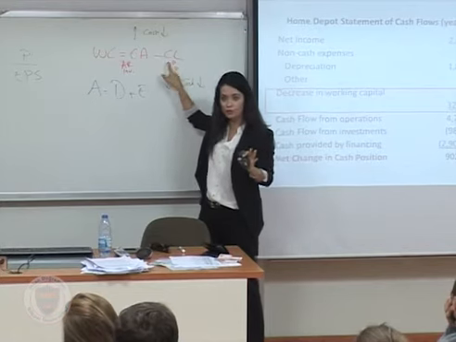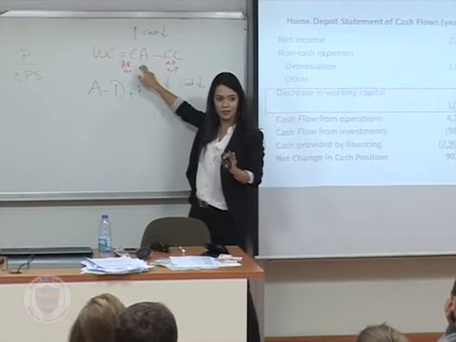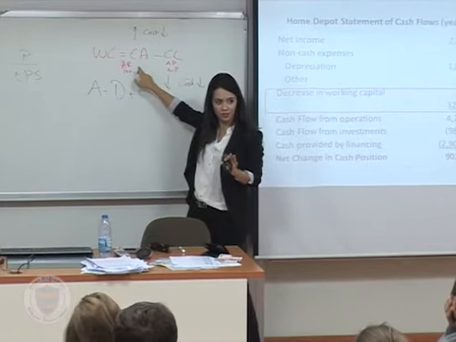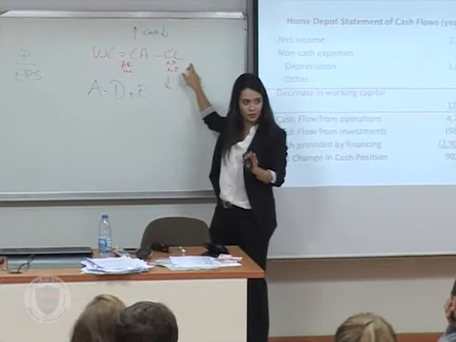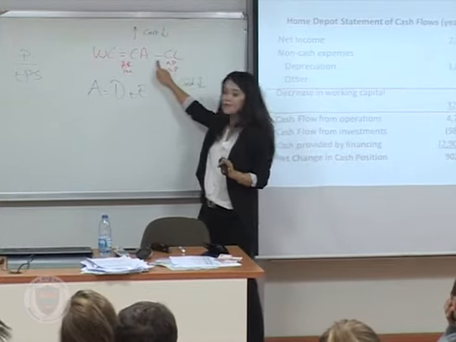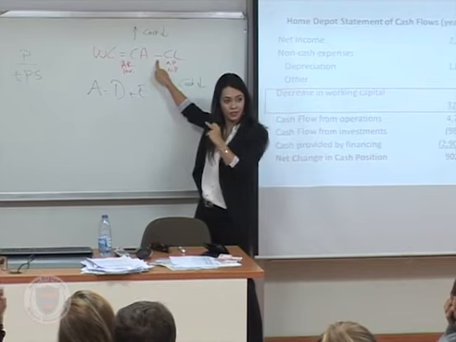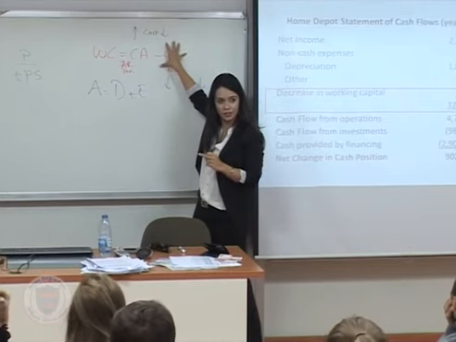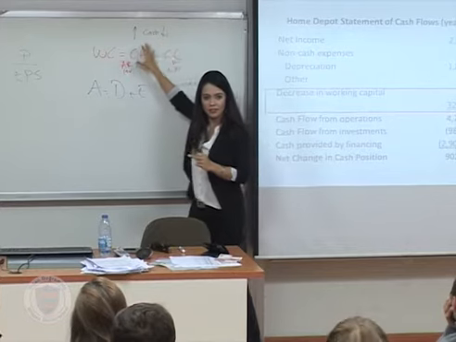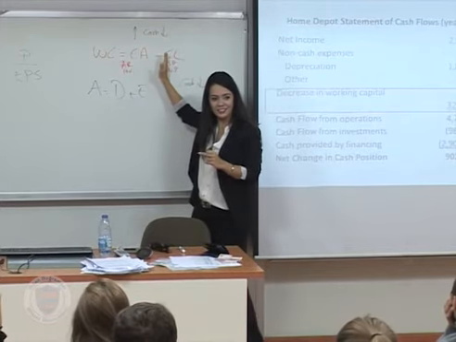Ask me if it's confusing. This has a negative relationship with cash. This has a positive relationship with cash. But since you have a negative in the middle, this also has a negative relationship now, right? Negative. Negative.